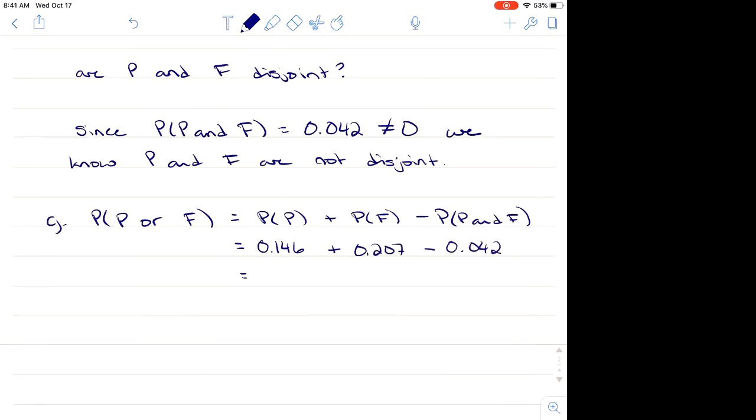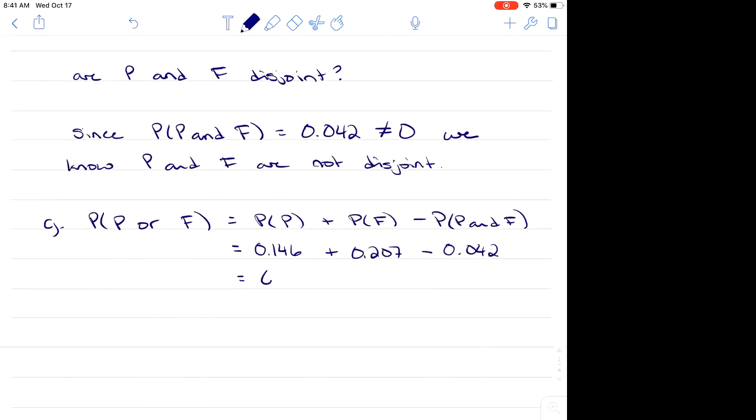So we have 0.146 plus 0.207 minus 0.042, 0.311.